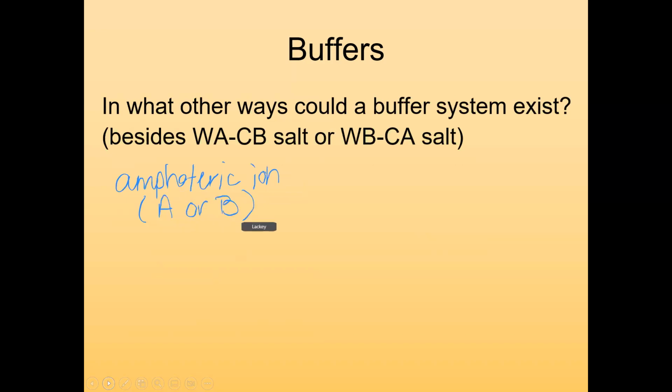It can act both ways, so it can either gain a hydrogen or lose a hydrogen. Some amphoteric things we've looked at, we've talked about water before, but some amphoteric ions would be the hydrogen carbonate ion or the dihydrogen phosphate ion. Those could easily lose or gain a hydrogen.